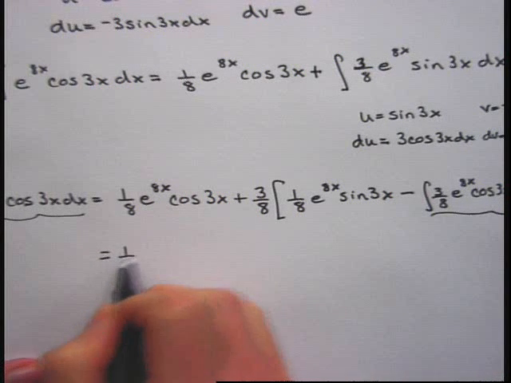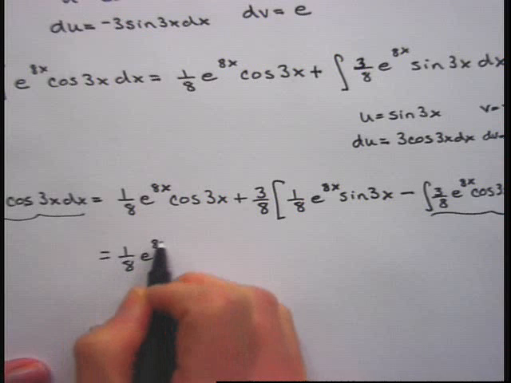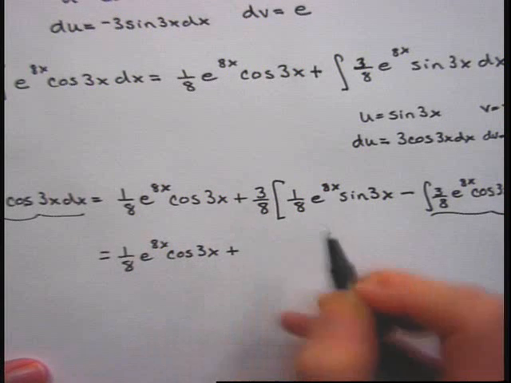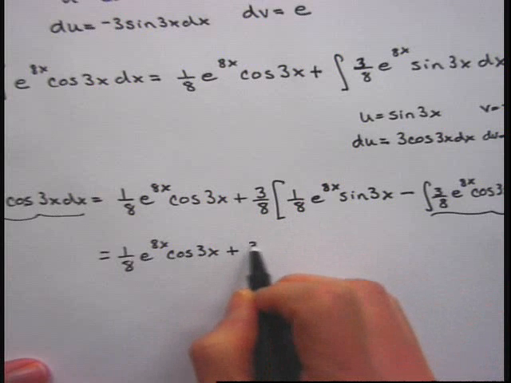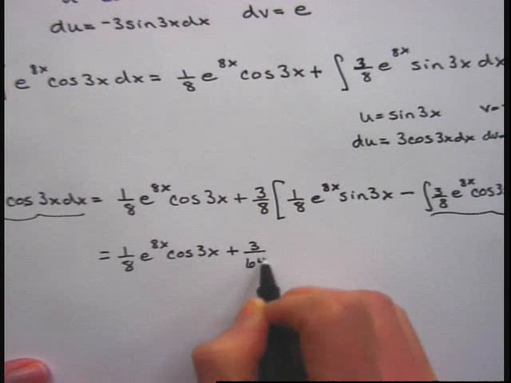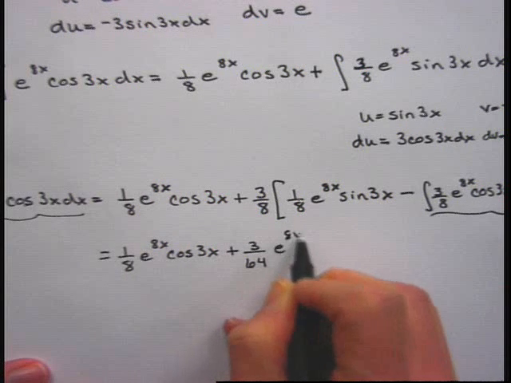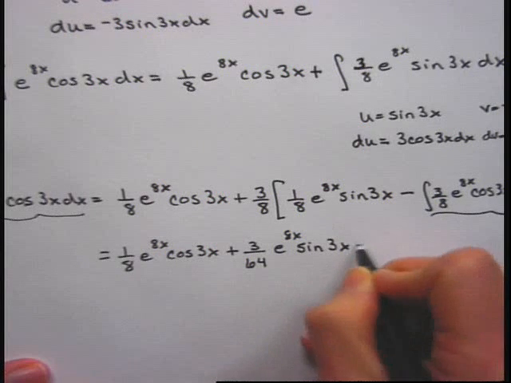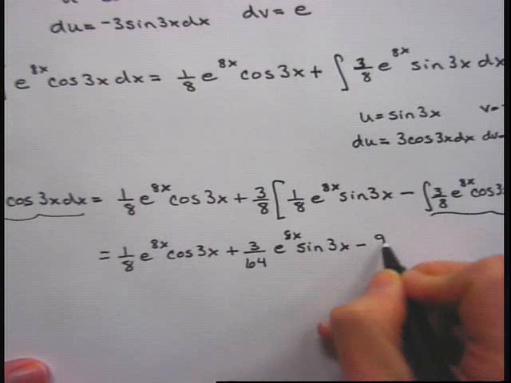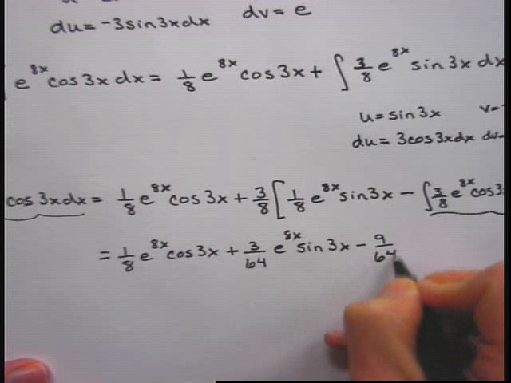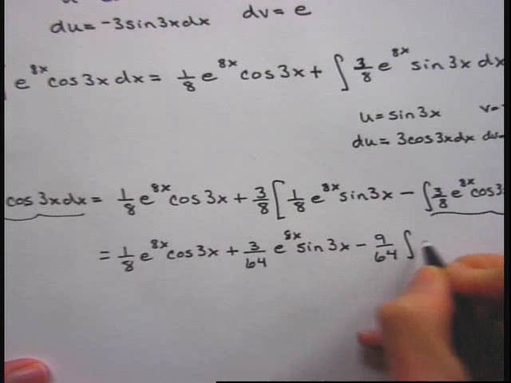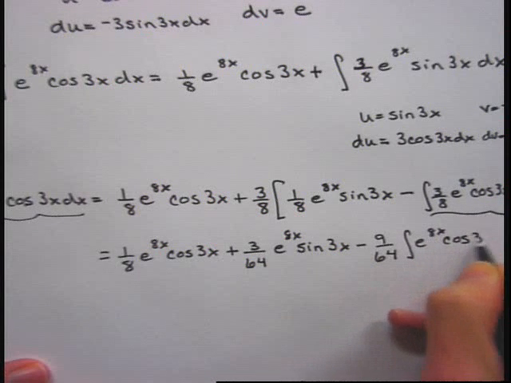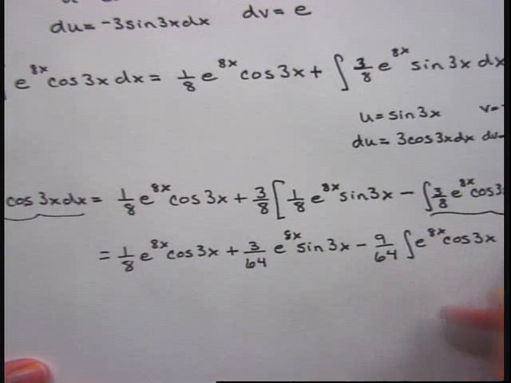This is 1/8 e to the 8x cosine 3x plus, okay, this is going to be 3/64 e to the 8x sine 3x minus 9/64 antiderivative e to the 8x cosine 3x dx.